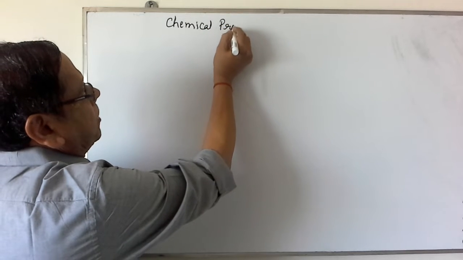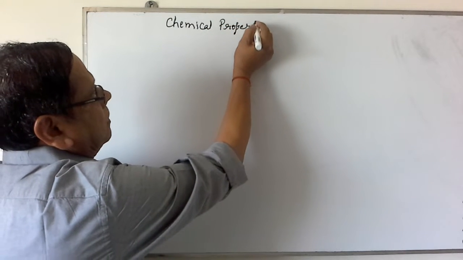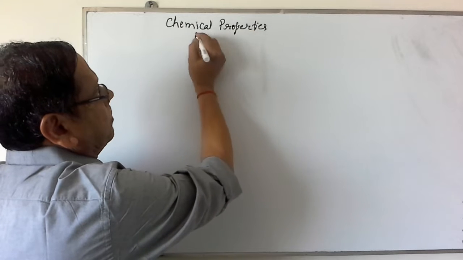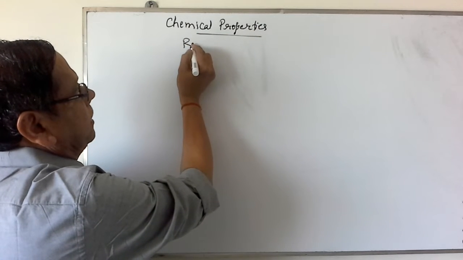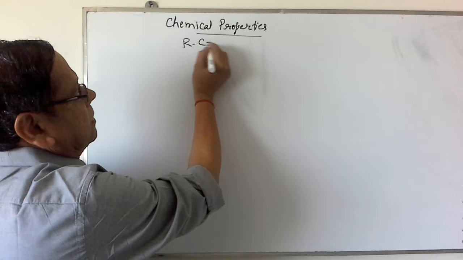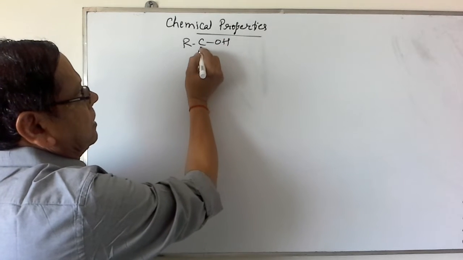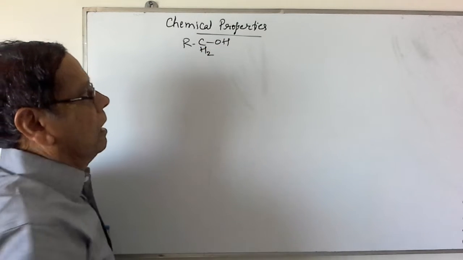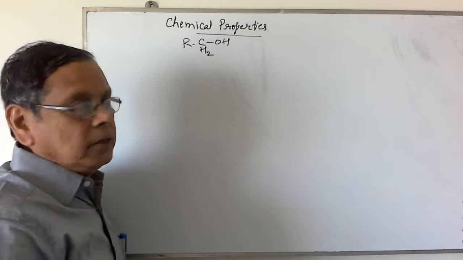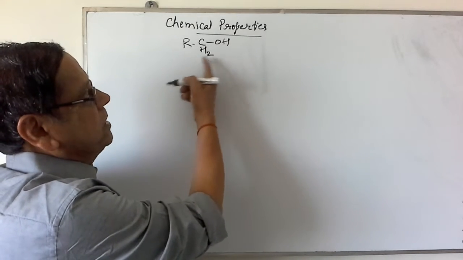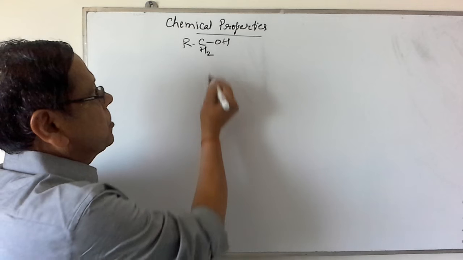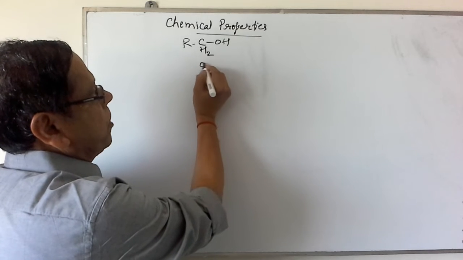Chemical properties of alcohols. If you consider the structural formula RCH2OH, there are two types of reactions of the alcohols in which the oxygen-hydrogen bond is cleaved.